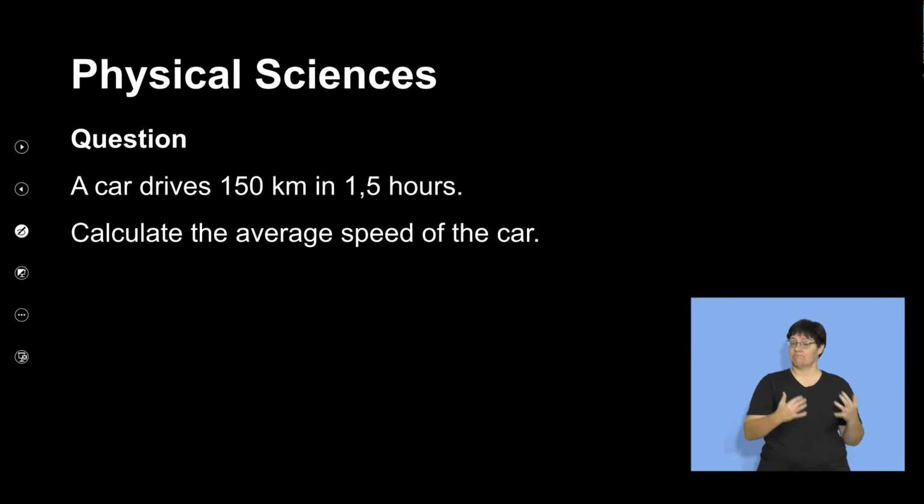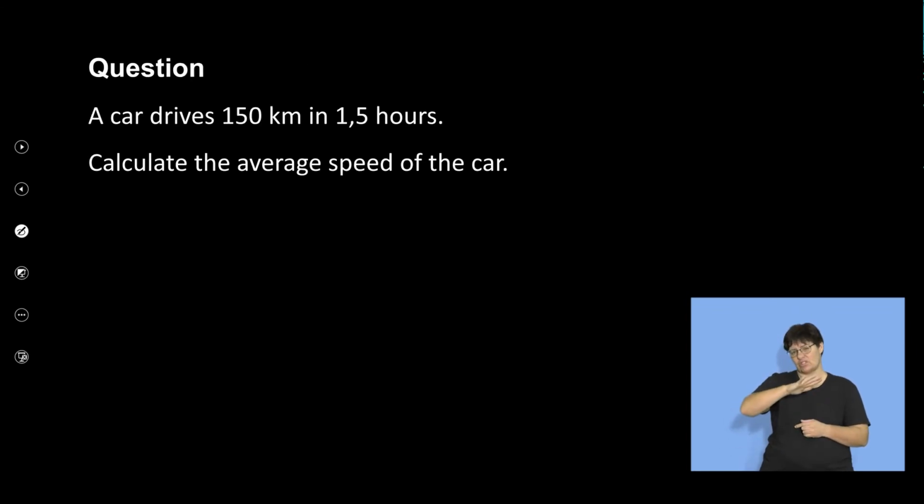So here we have a car drives 150 kilometers in 1.5 hours. And I say calculate average speed. So what have we got? First of all, we know the distance is 150 kilometers.